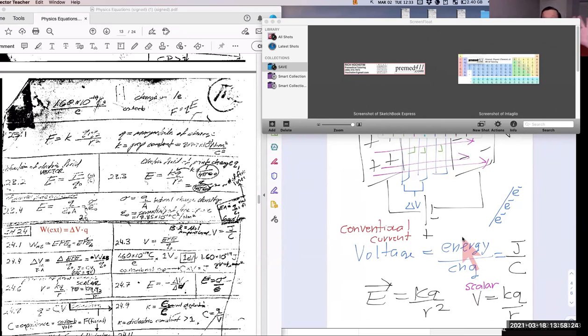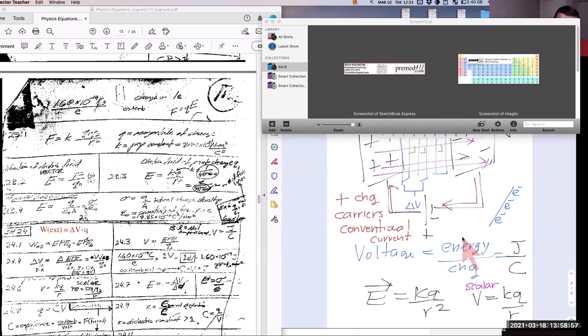But when they worked on physics before they knew what was the current carrying substance, they basically assumed that it had a positive charge rather than a negative charge. And because of that, conventional current is going to consist of positive charge carriers. So that would mean that the conventional current would go this way.